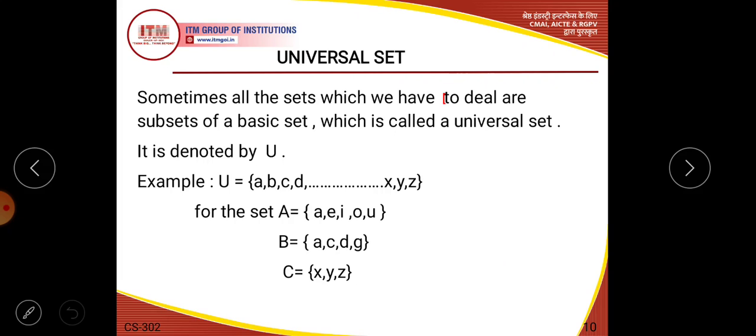Now, universal set. Sometimes all the sets which we have to deal with are subsets of a basic set, which is called a universal set.